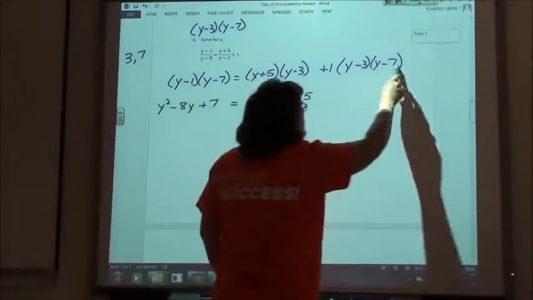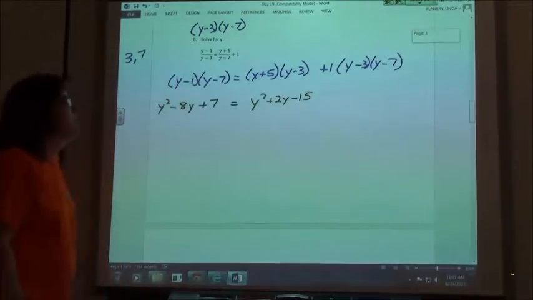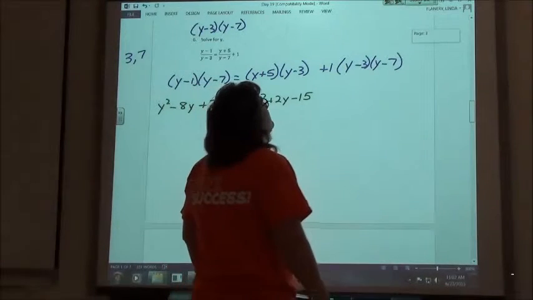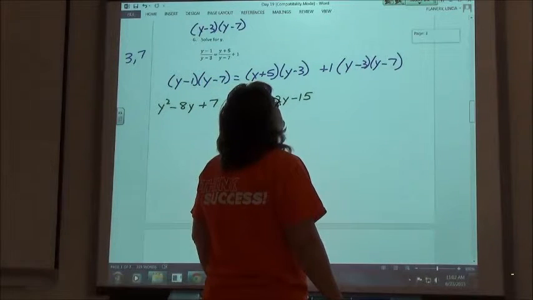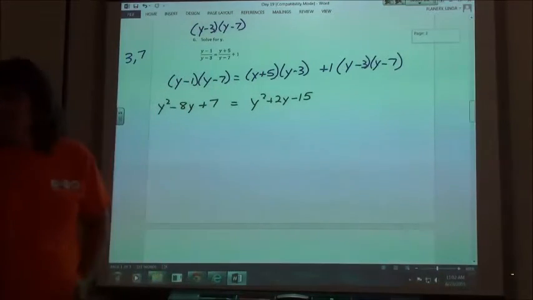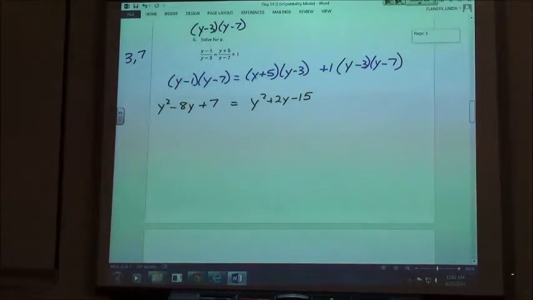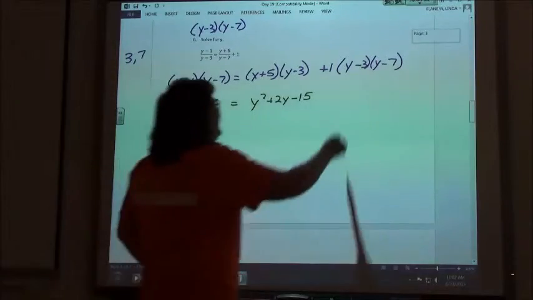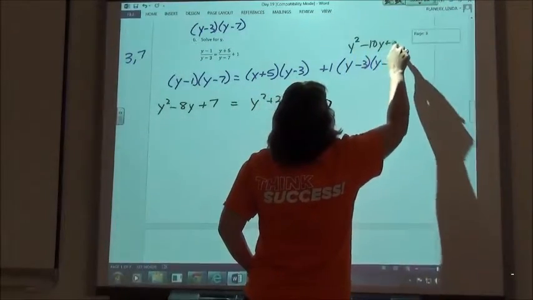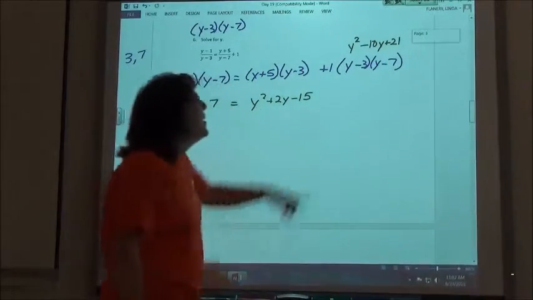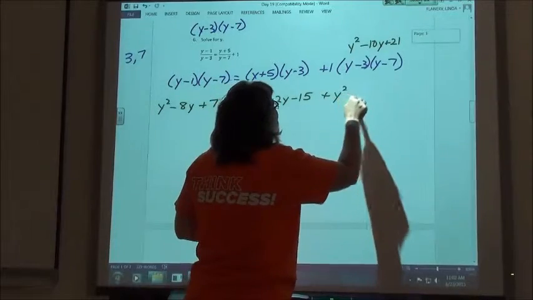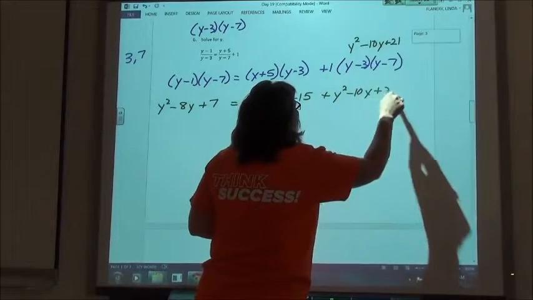And if I FOIL this part out, I'm going to get y squared minus 10y plus 21. I'm going to multiply it by a plus 1, so that's not going to change much. Y squared minus 10y plus 21.